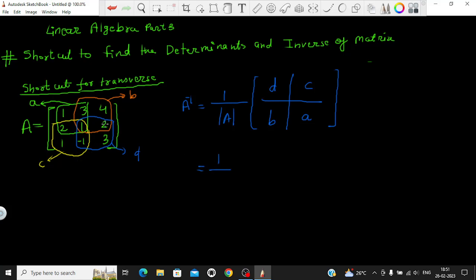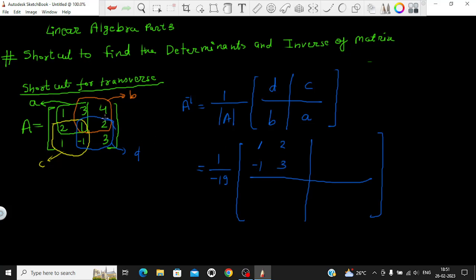The determinant of this A matrix we already calculated, and we got minus 19. I just wrote the value of the determinant of A, and I will write all the values. So write all 4 elements, 1 2 minus 1 3.